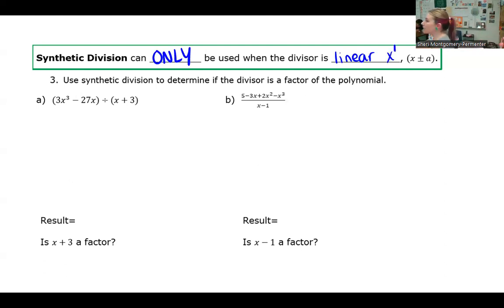That means it has to be something to the first power. So something linear, like a line y equals mx plus b, that x in that equation is to the first power. So a line has to be to the first power.